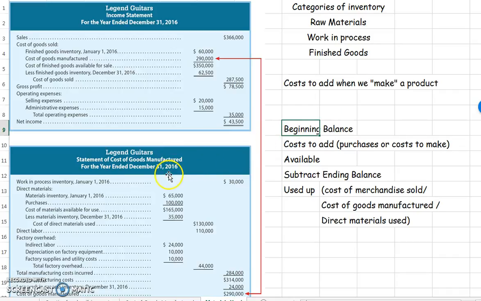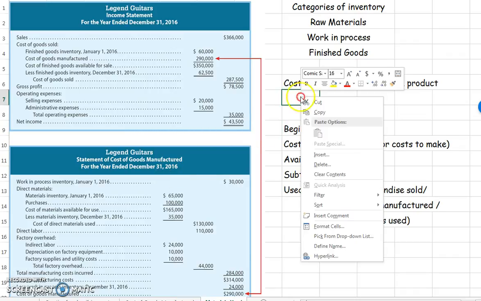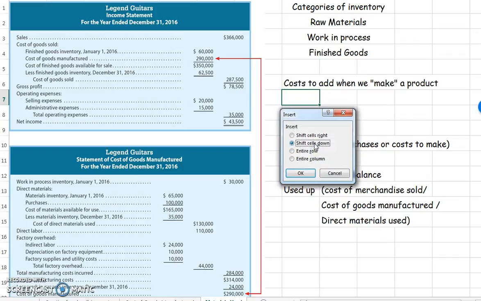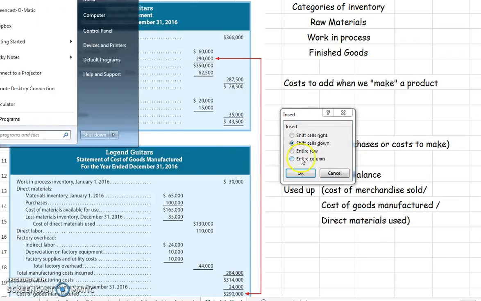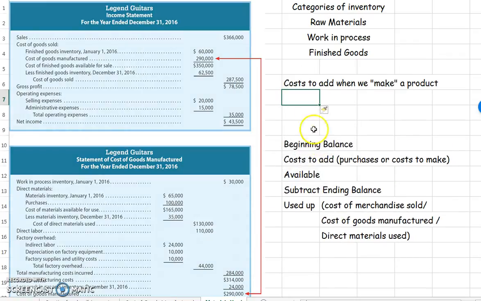Then we're going to have costs to add. In our situation, the costs that we're going to add are going to be made up of three items. The three items would be direct materials, direct labor, and then all of our factory overhead.